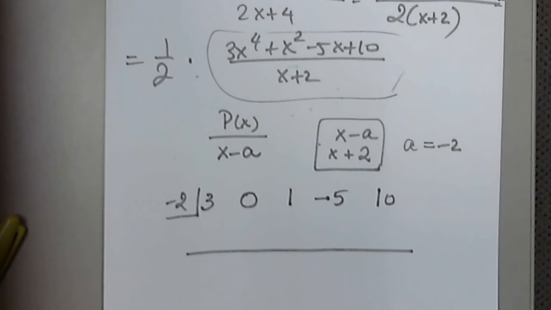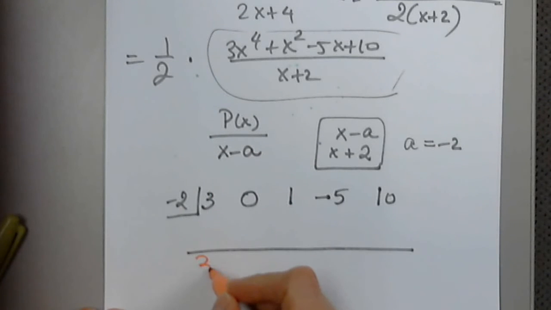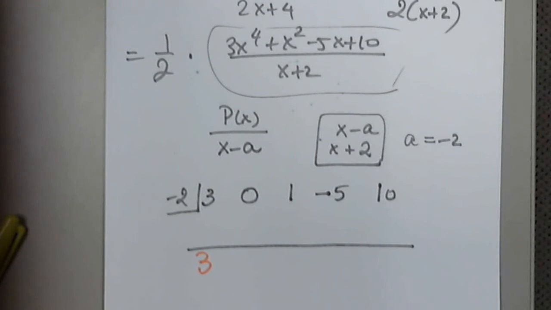Awesome. The synthetic division requires us to copy the first coefficient. Don't do anything to it. Just copy it. That's the first step. Second step, I multiply what I have in the box, -2 by 3. What do I get? I have to write it right here under 0.